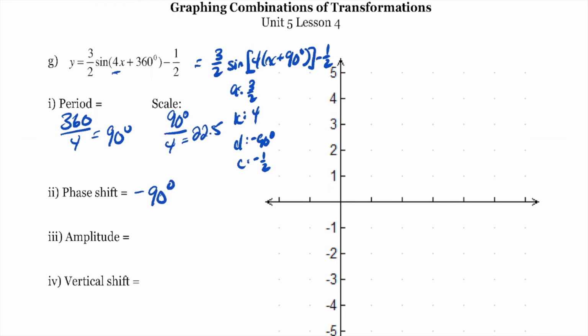Oops, so phase shift is always positive. But in this case, because D is negative, it's to the left. And the amplitude in this case is 3/2, and the vertical shift is minus 1/2. So that implies my equation of axes is y is equal to minus 1/2. And I'll sort of dot that in.